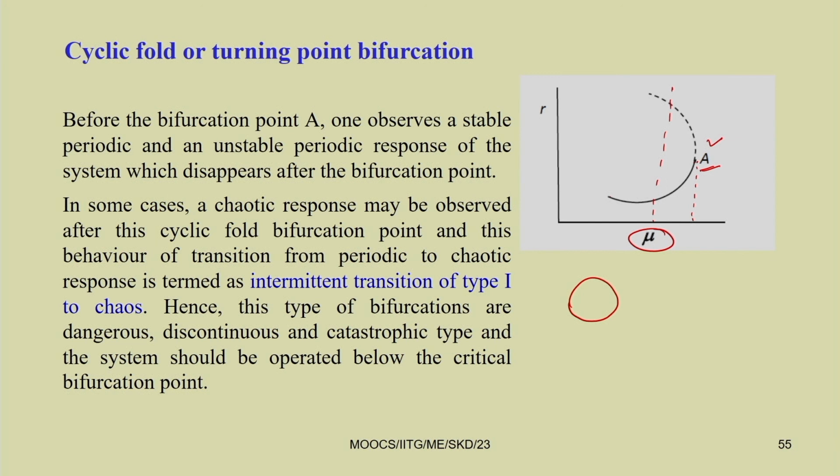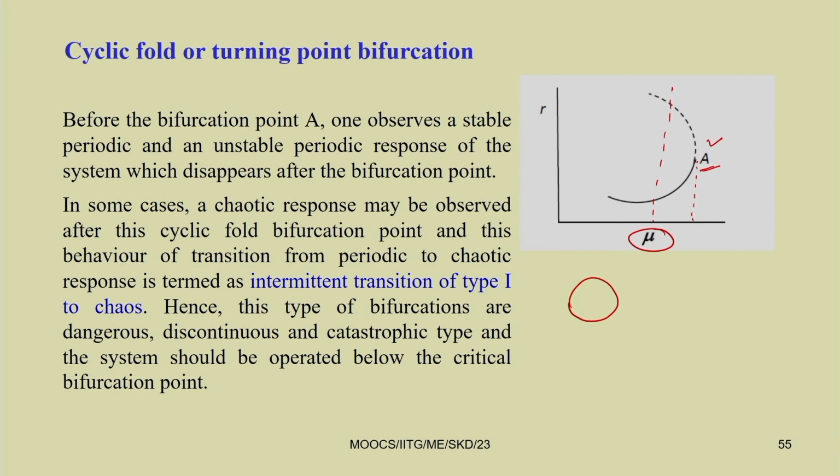In some cases a chaotic response may be observed after the cyclic fold bifurcation, and this behavior of transition from periodic to chaotic response is termed as intermittent transition of type 1 to chaos. If you reduce the value of mu, then from chaotic to periodic you can get.